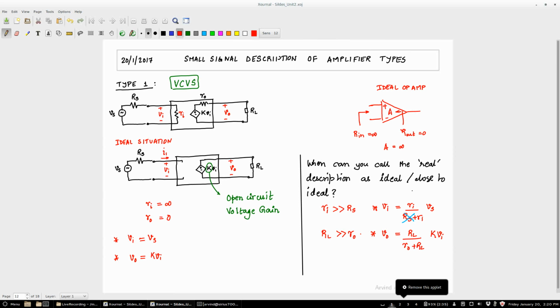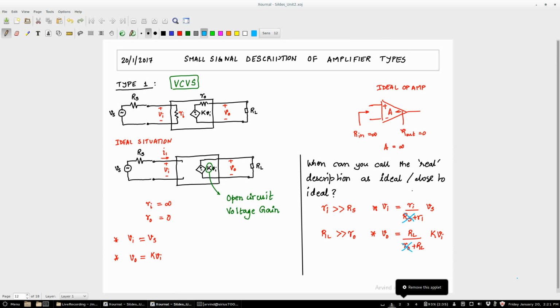So you need your RL to be much greater than R0. Okay. So what this is telling you is that if you have a small signal incremental picture such that Ri is much greater than Rs and RL is much greater than R0, then you can call that particular amplifier a voltage controlled voltage source.